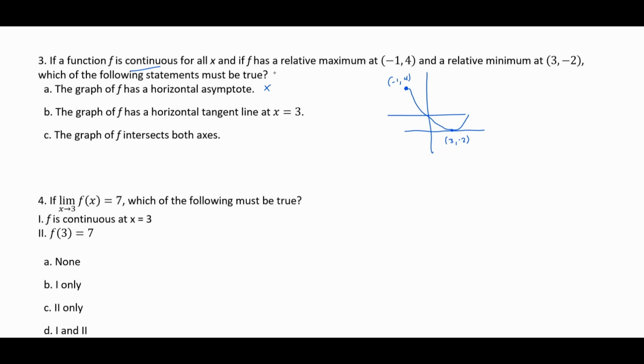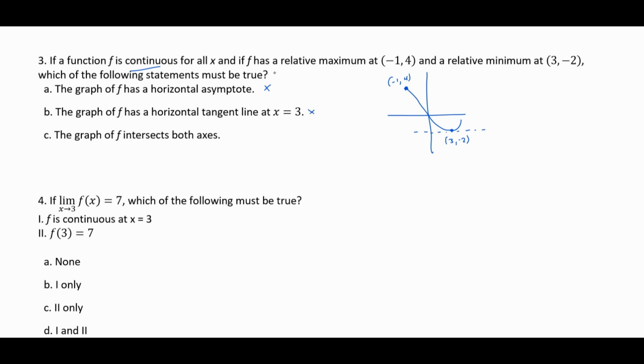All we know is that this is a relative minimum for all the x values. We can't assume that the domain is -infinity to +infinity, all real numbers. It could just stop right here, in which case this does not necessarily have to have that horizontal tangent line. You need to have it on both sides for it to have that horizontal tangent line. So that one is also not necessarily true.